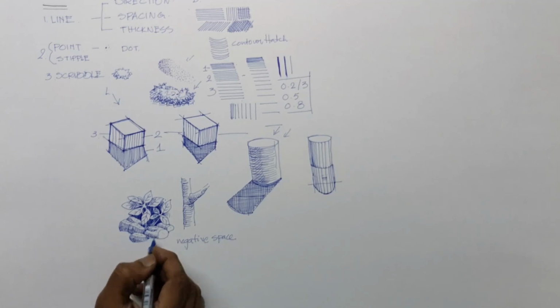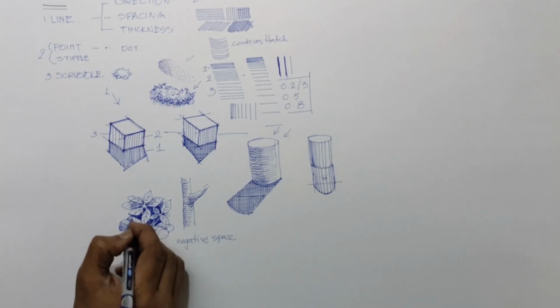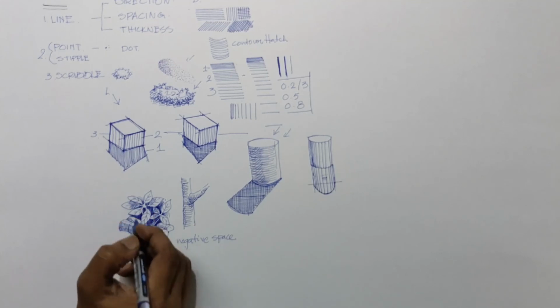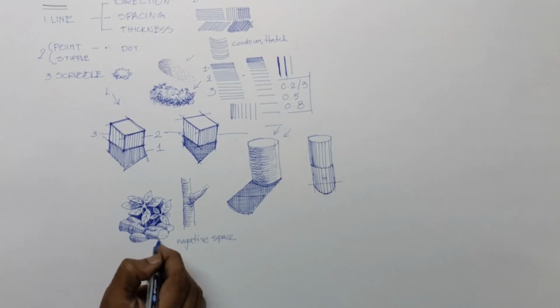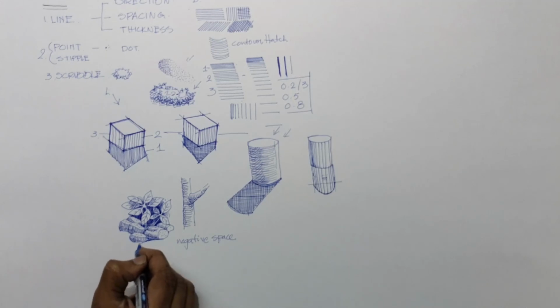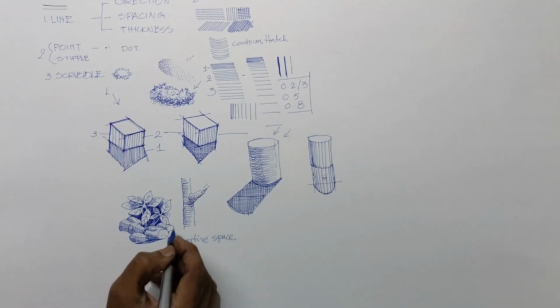Fine. So this shows how to use different types of hatching techniques or texturing to add life and enhance the drawing. I am adding shadow here, you can notice. I am leaving that 1 mm or small space in white.